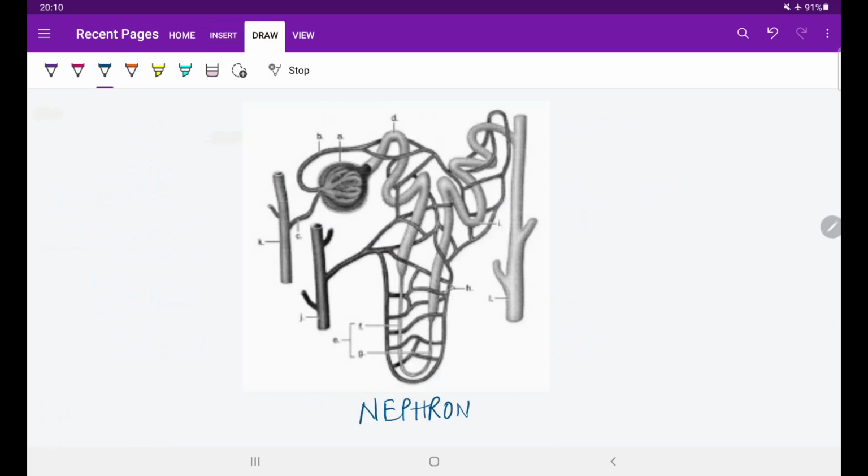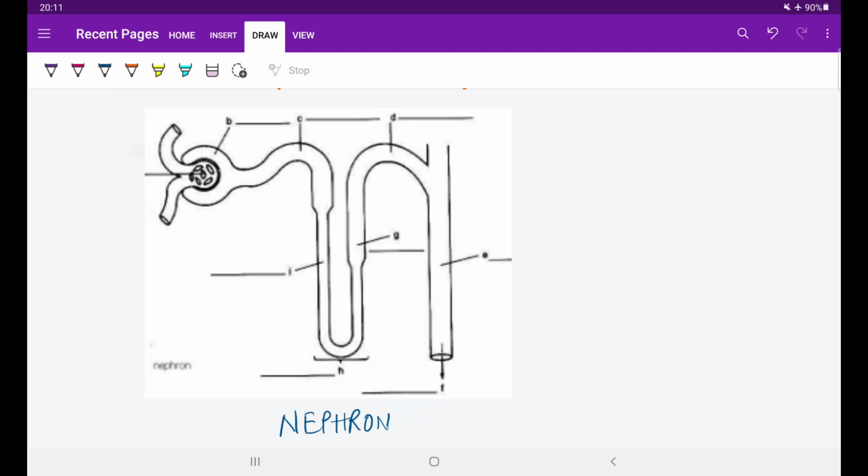It is a highly coiled structure which has a lot of tubes running in a very coiled manner, and the blood capillaries surround it so that the absorption of useful materials takes place effectively. Let me help you understand the structure of the nephron in a simplified manner. What do we find here?